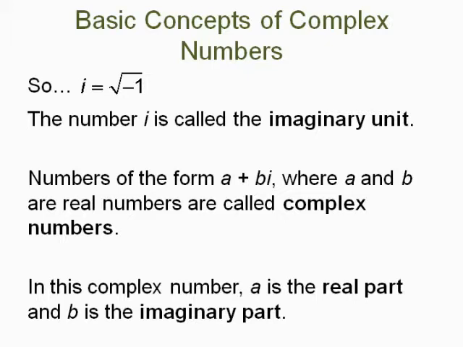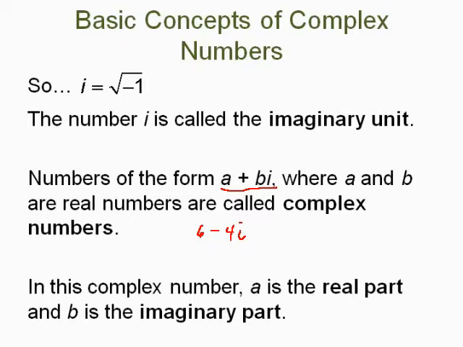Now, numbers that are complex are in the form a plus bi. All right, so this is going to be called standard form, as we will see throughout here. And this is how you always write the answer to this, where a is the real part and b is the imaginary part. So we'll go ahead and put some examples here. We can put 6 minus 4i.